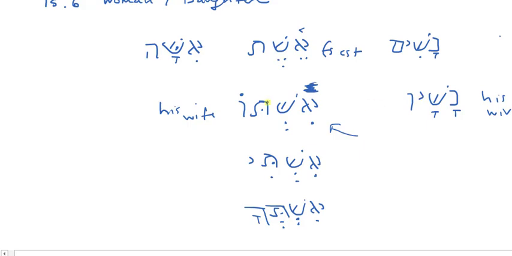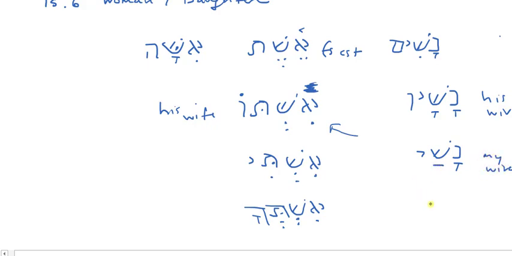These are both the same pronoun. It's just a matter of this one being singular, this one being plural. So nashav. Remember, we don't pronounce the yod on this 3ms pronoun suffix. How would I say my wives? It would be nashai. My wives.